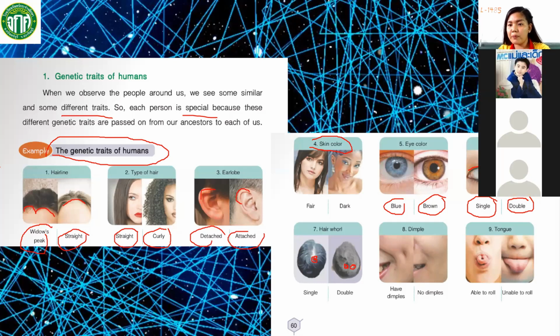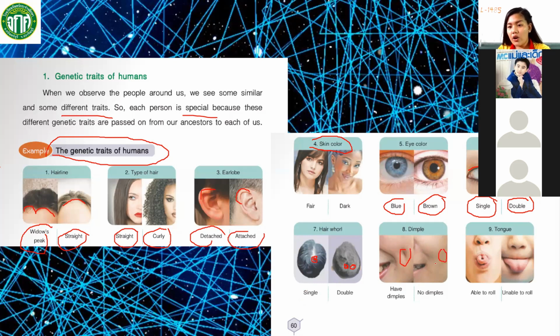Okay, how about you, Upper? How many hair whorl do you have? Single? Okay, so you only have one whorl. Next, how about number 8? We have dimple. So we have dimples and no dimple.